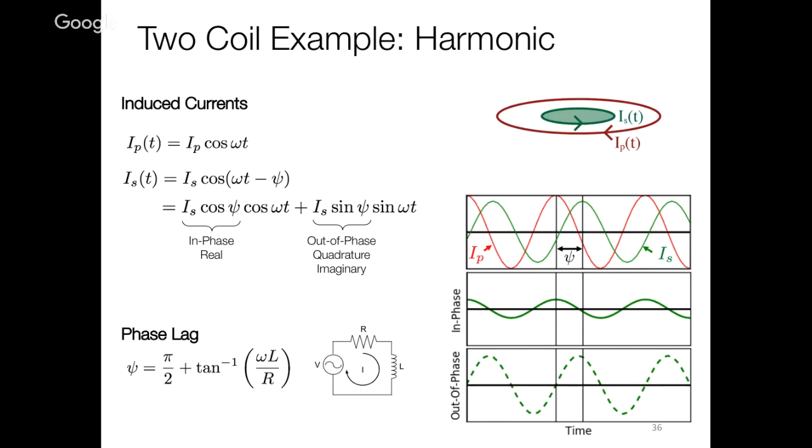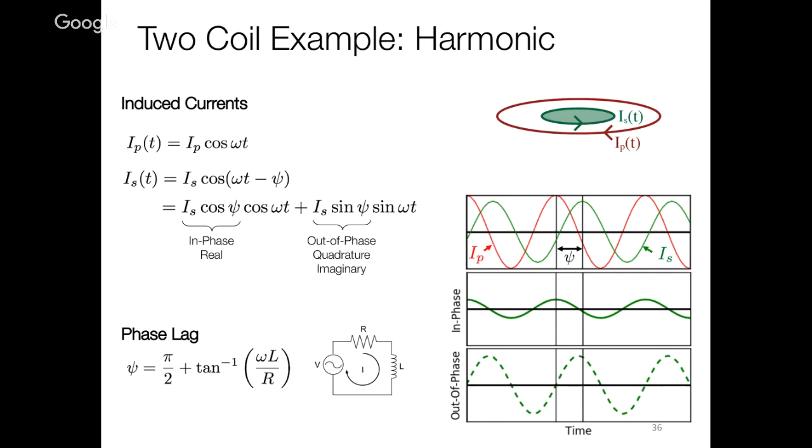That phase is given by pi over 2 plus arctan of omega L upon R. Remember, L upon R is what we called the time constant, and omega is 2 pi f.